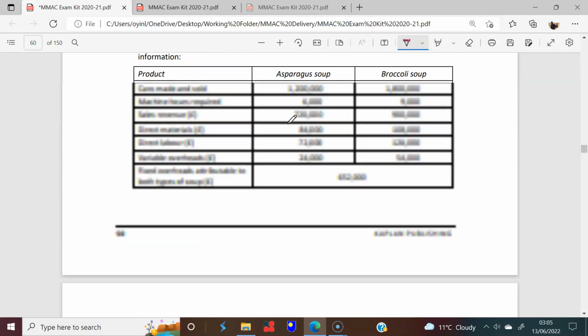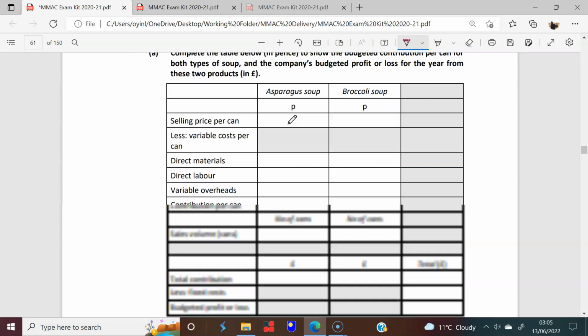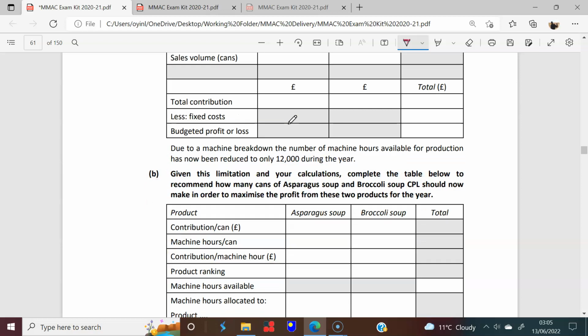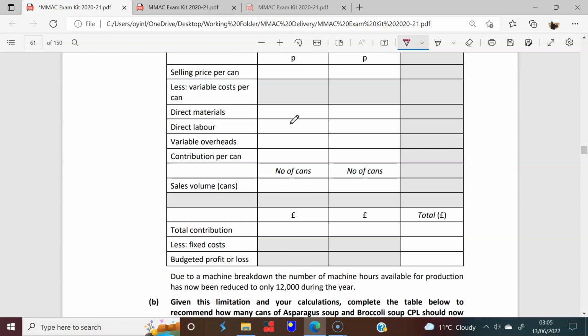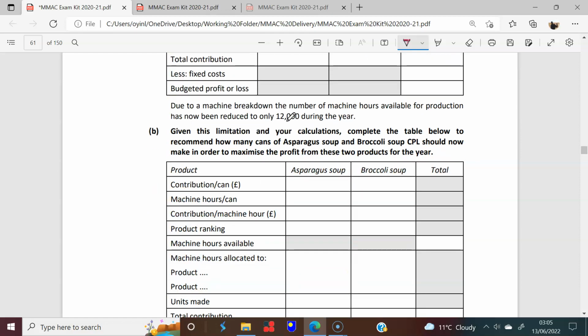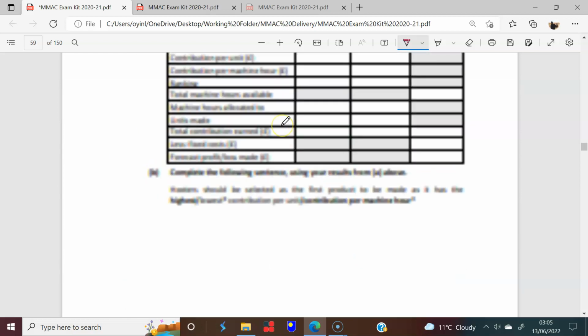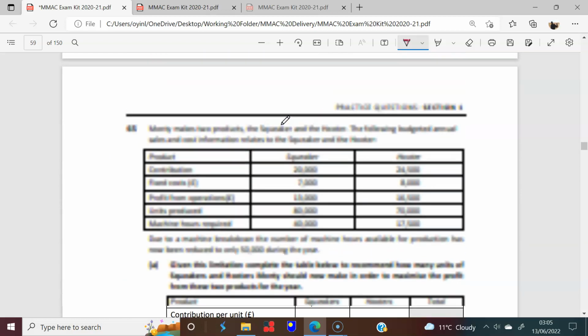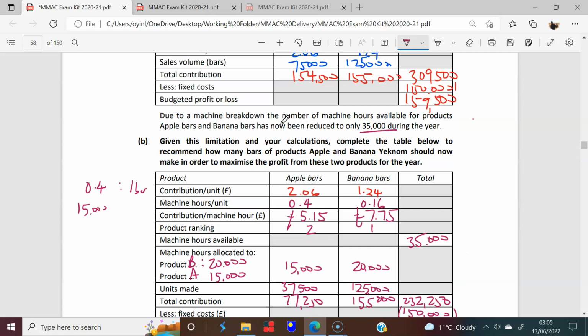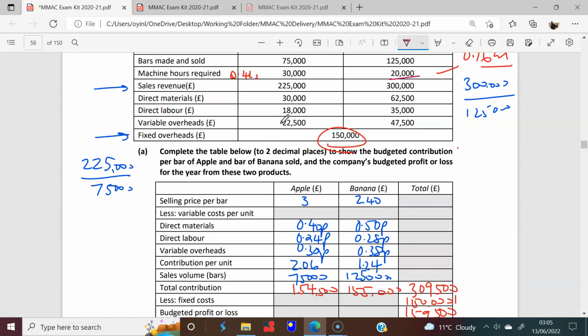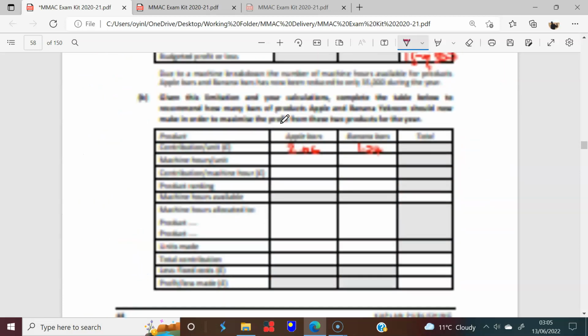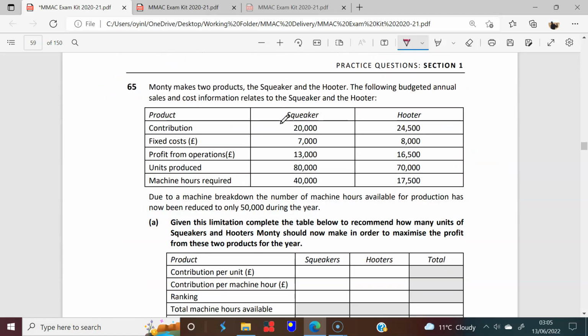It's the process. So we will do them as we go along. I suspect they're the same idea, but we'll just do them as we go along. So we've just done 64, so let's go ahead and do 65.